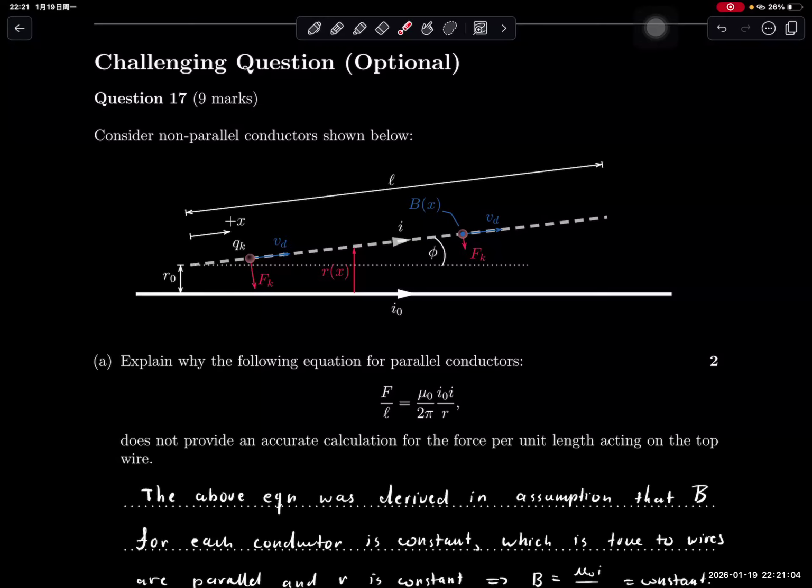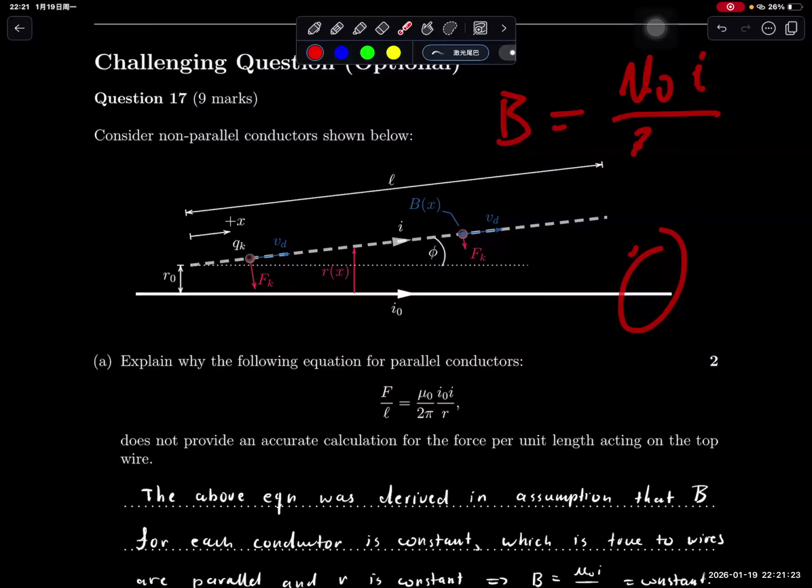You just multiply. But in this case, each point on the top wire, the dashed line wire, is at a different distance, which we express as r as a function of x. Because of this distance, the magnetic field strength due to the wire on the bottom, which you recall is B equals mu 0 times current divided by 2 pi times the distance in between, varies with which point of the wire you're at.